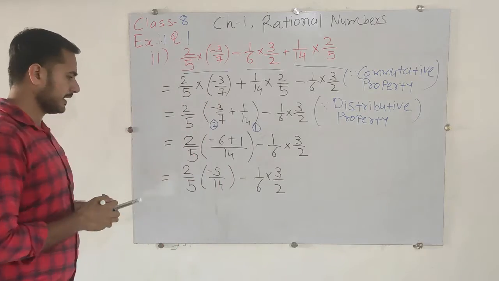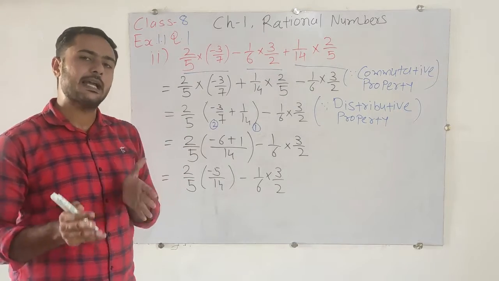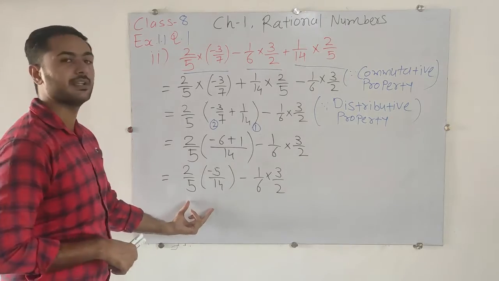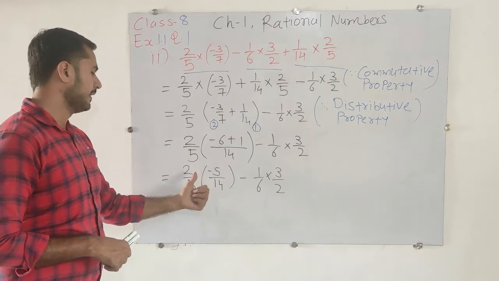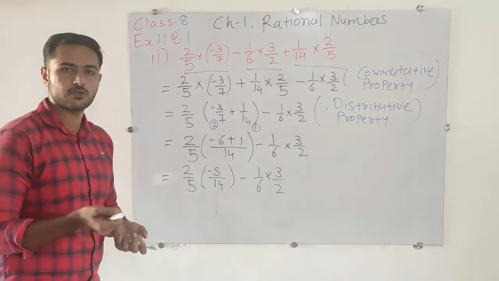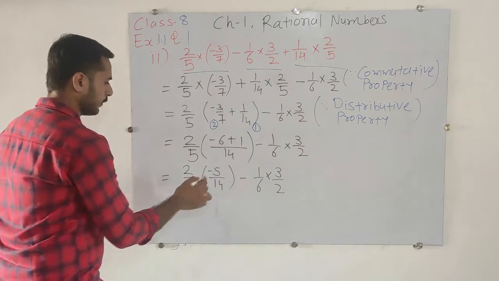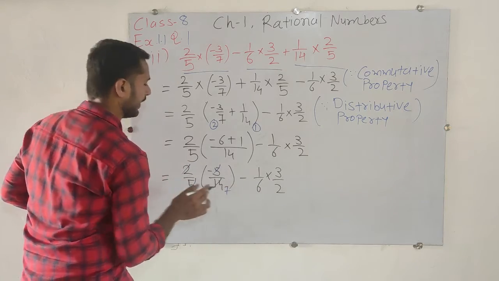Now always remember that whenever two numbers are there and in between there is no sign, it means that is multiplication. Same is here. Here 2 by 5 and minus 5 by 14. That's the bracket and here is the number. So both are in multiplication, so we can reduce the terms. I can cut down 5, 2 7s are 14.